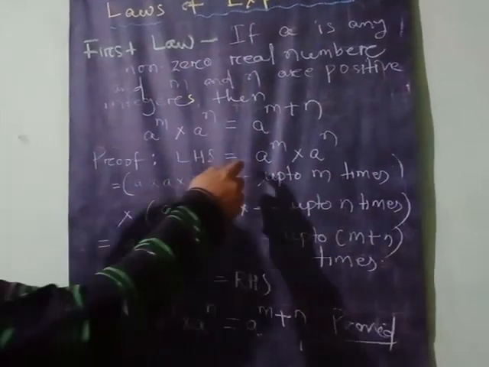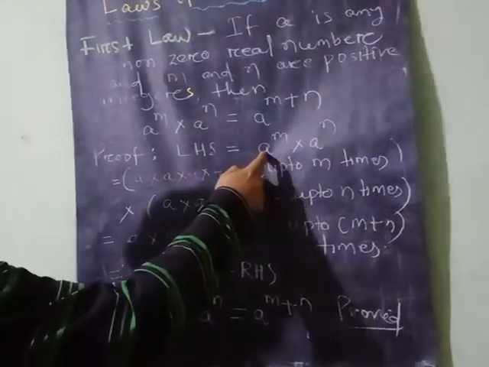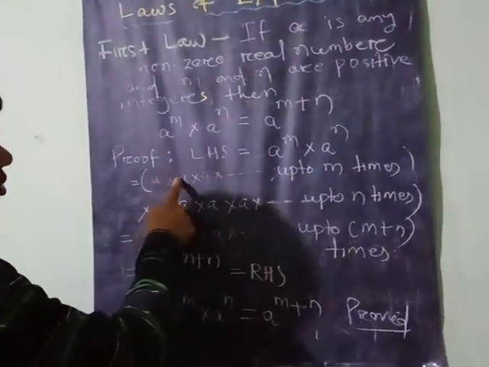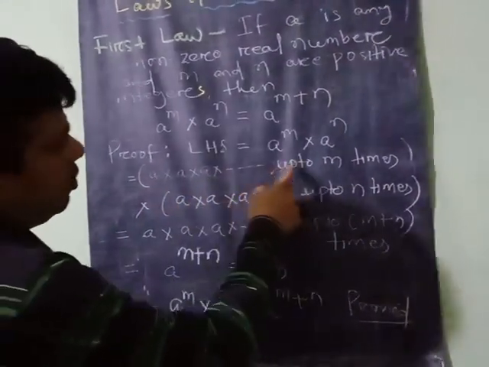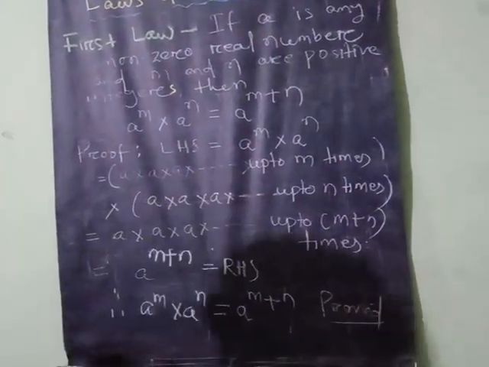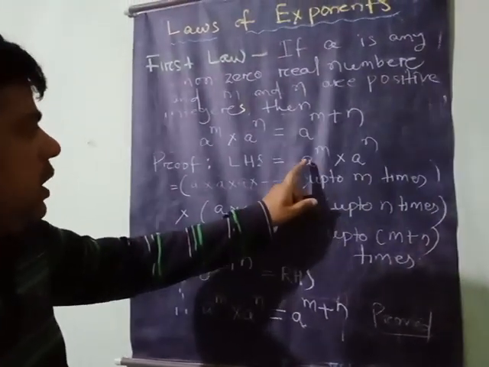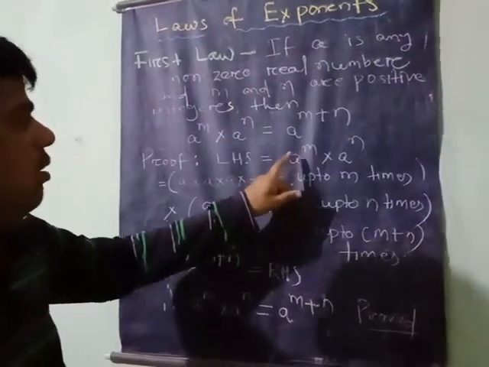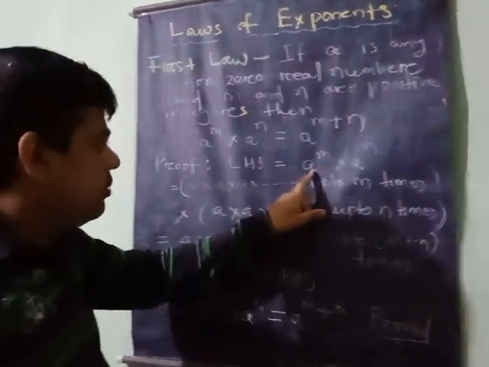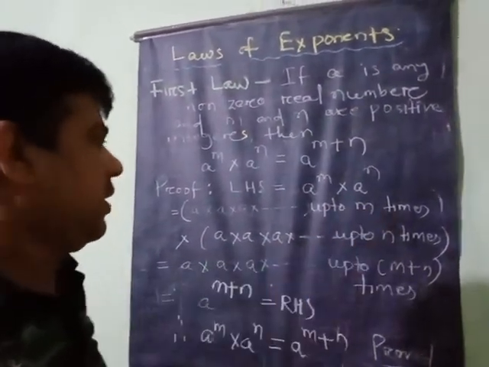It means the base a is used in the multiplication m times. So you have to multiply a m times, a into a up to m times, or m factors. So a to the power m is equal to the base a undergoing multiplication up to m times or m factors.